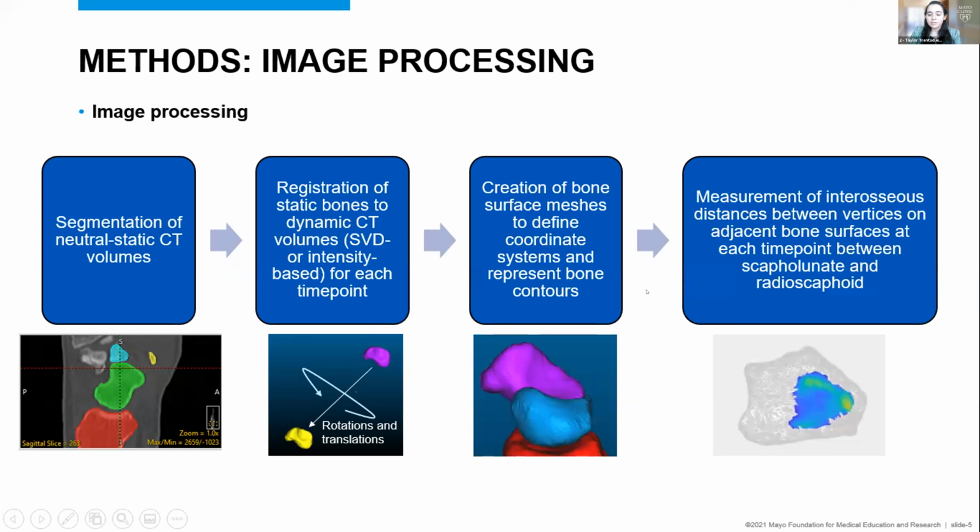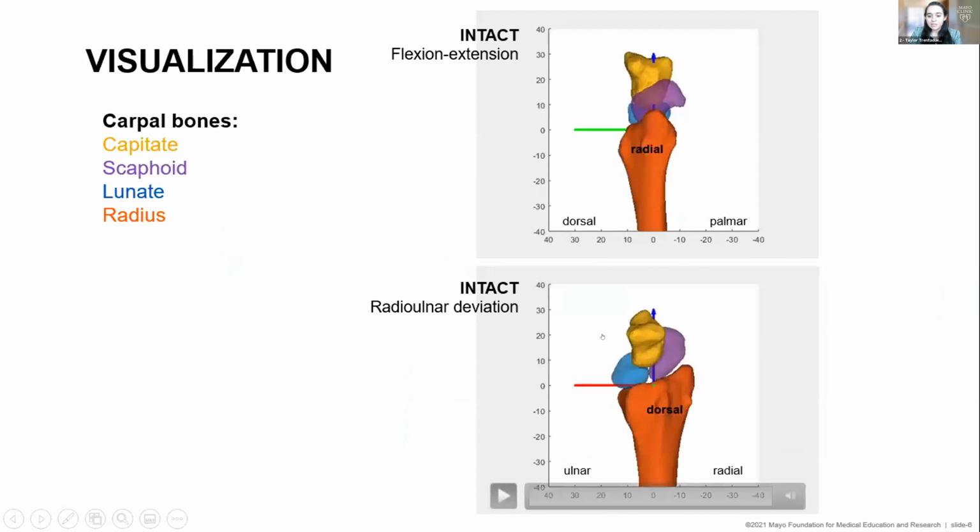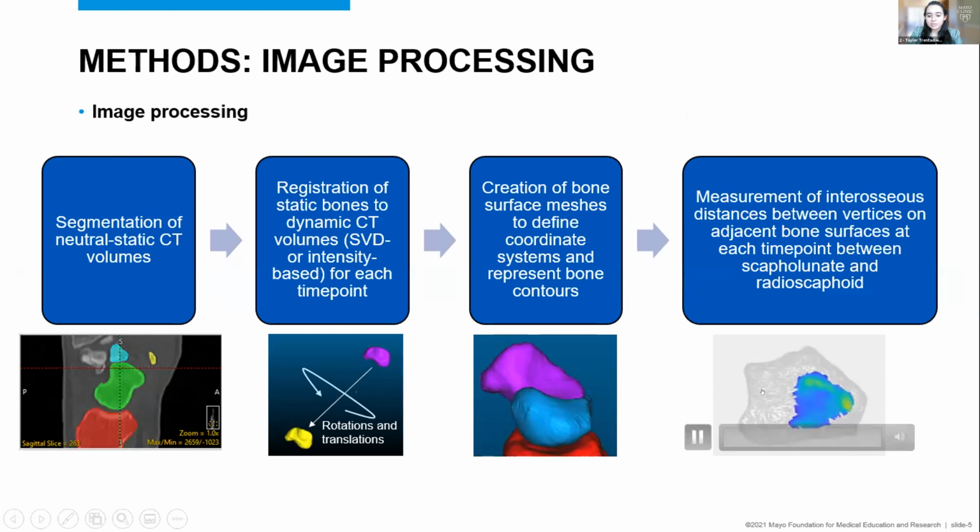And ultimately, we are interested in measuring the distances between adjacent bone surface meshes at each time point between the relevant bone pairs, which for this study were the scaphoid and the lunate and the radius and the scaphoid. And this animation demonstrates the changing proximities between the radius and scaphoid on the scaphoid facet of the radius.